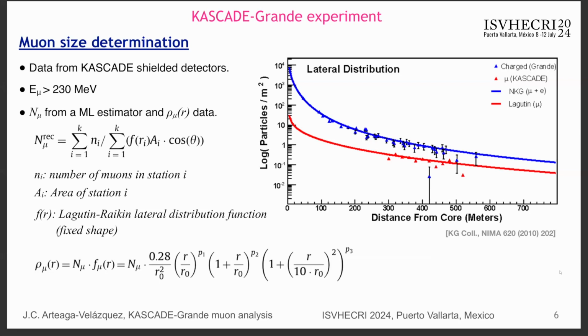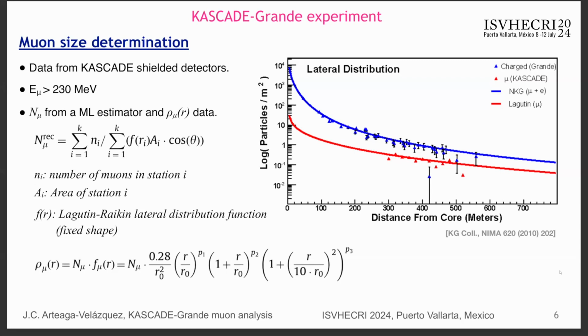Using the shielded detectors of KASCADE, we got a maximum likelihood estimator, which used as input the number of muons in each KASCADE station and the lateral distribution function, which was calibrated using CORSIKA simulations. With this we got an estimator for the number of muons in the shower, event by event.